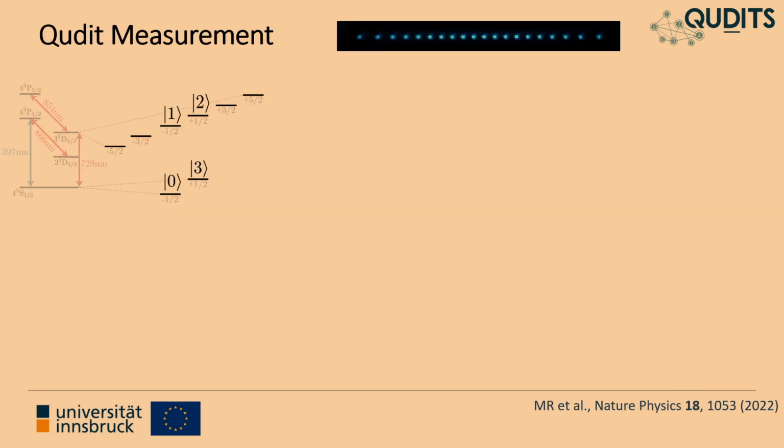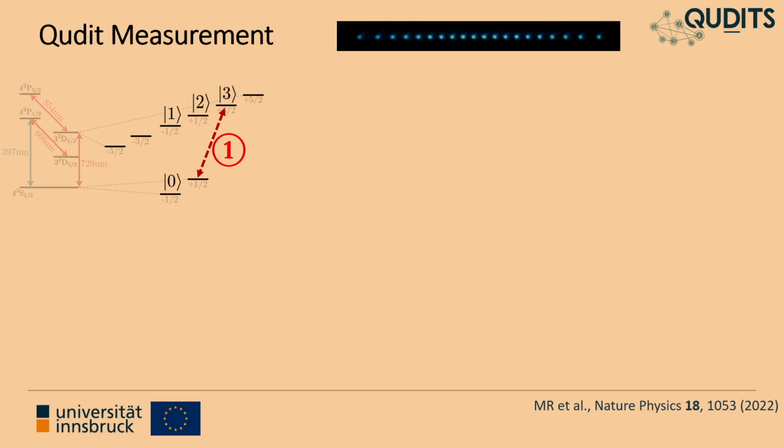Good. Last thing to say about the measurement, because I said before the measurement is a bright-dark distinction, which is kind of a binary thing, and also means that we can't distinguish our two ground states down there. So in order to do the measurement, we actually need to park the information up in the excited states, and that's the reason why I will talk about a 7-dimensional Hilbert space, although we have 8 states, because one of them we need to keep free for the readout.